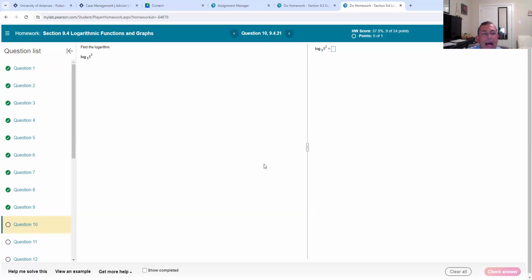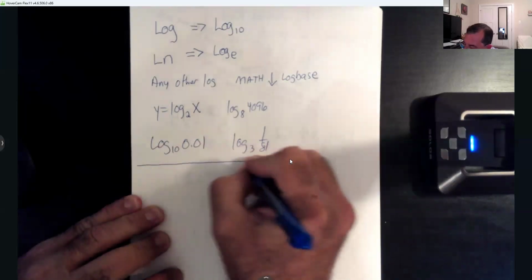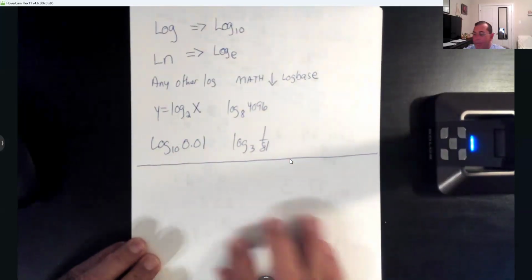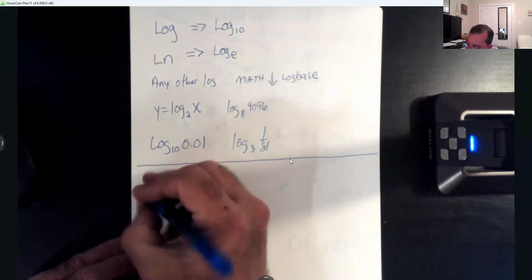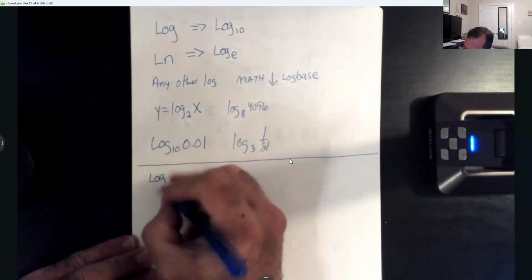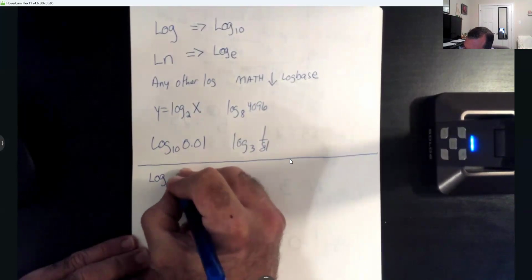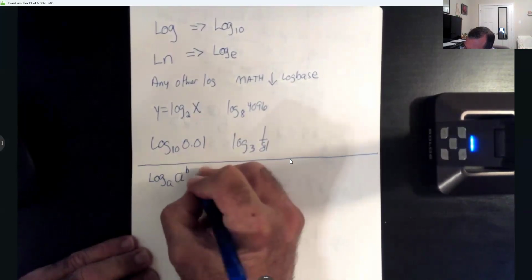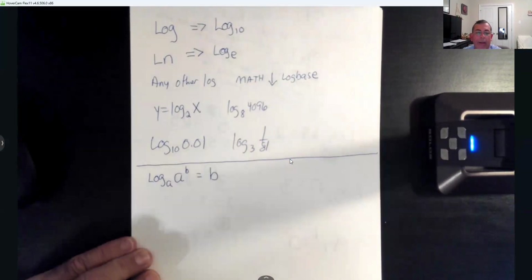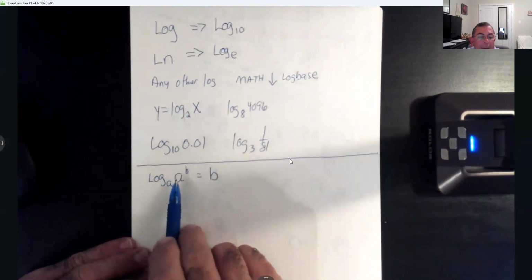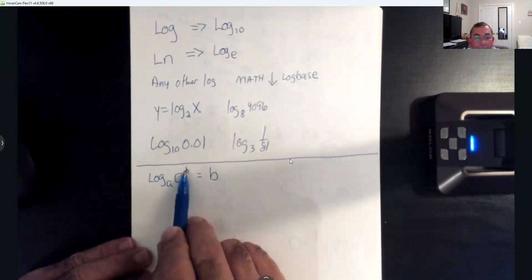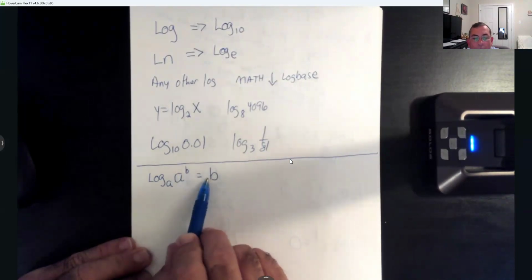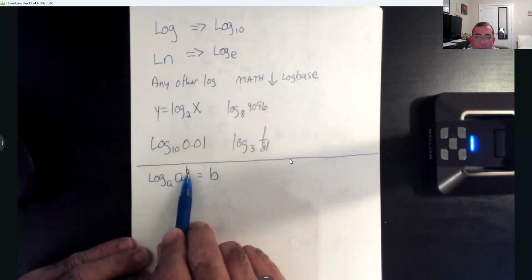So log base 5 of 5 squared. So let me give y'all a little property we got on these. A few properties on these logs, okay? Log base A of A to the B equals B. If the base matches the base raised to an exponent, the answer will always be the exponent, okay?